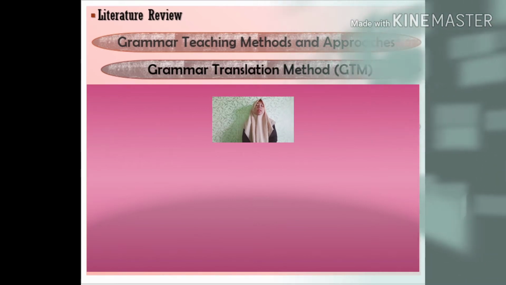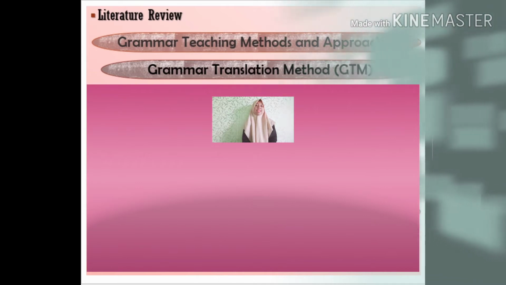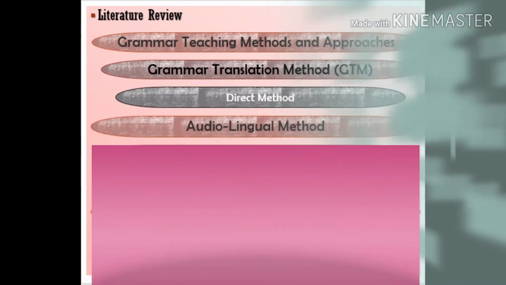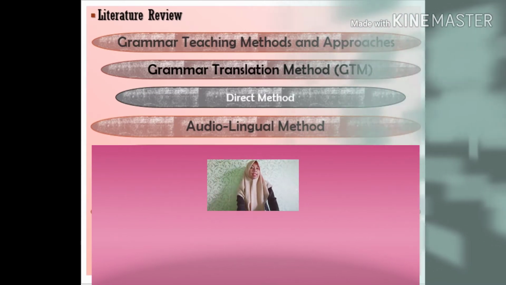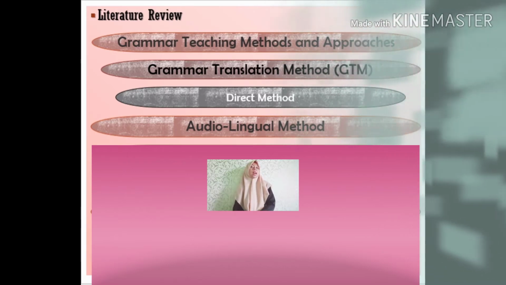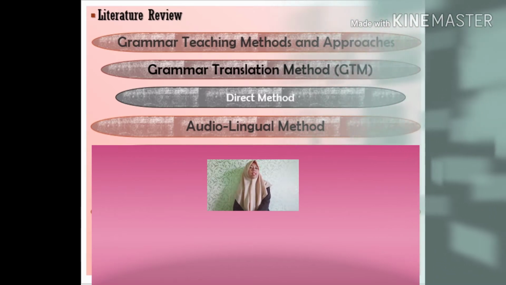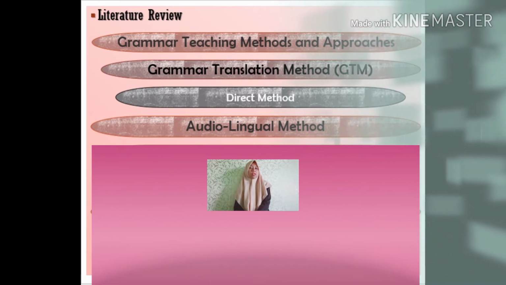Grammar Translation Method focuses on the use of students' native languages in the study of grammar. The third, Direct Method. Direct Method is known as the opposite of Grammar Translation Method, as no native languages are allowed to be used in the classrooms, to encourage students to speak in the target one.